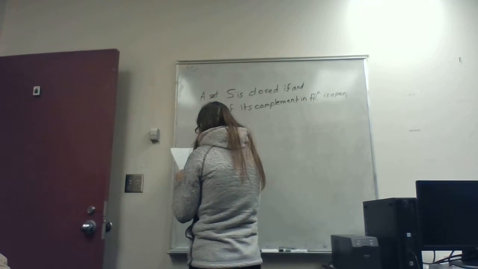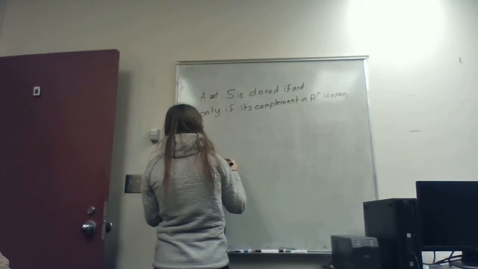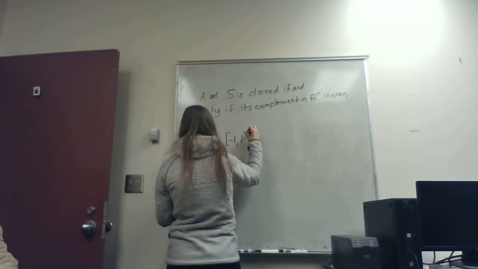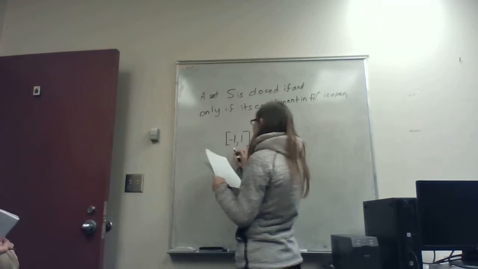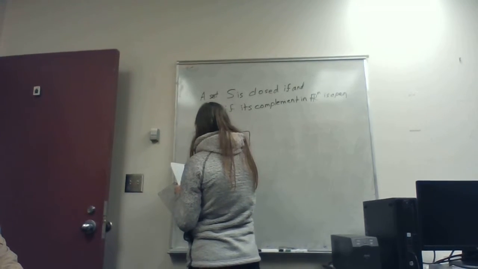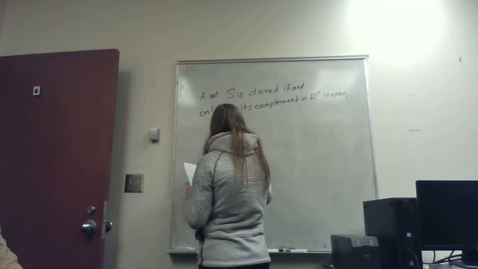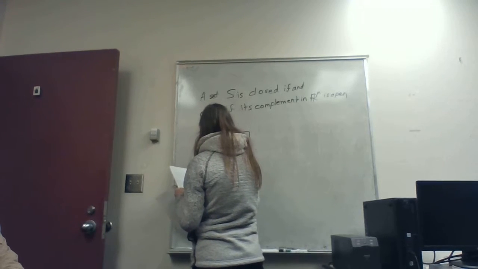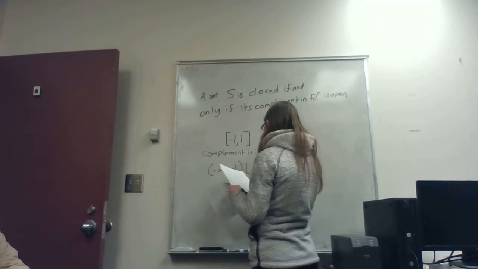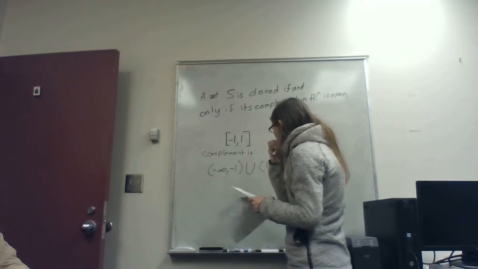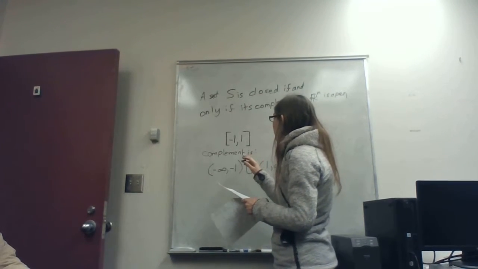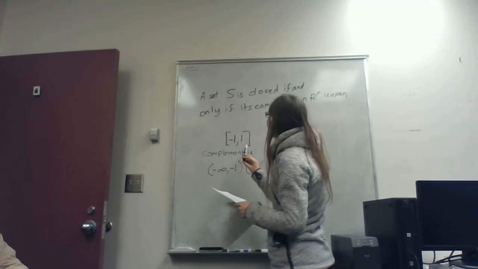I don't actually have any definition for the complement here, but I can give some example that helps illustrate it. Here is a closed set: -1 to 1. The complement is this union, so -infinity to -1, union (set union), 1 to infinity. Those sets are both open. So then the complement is open.